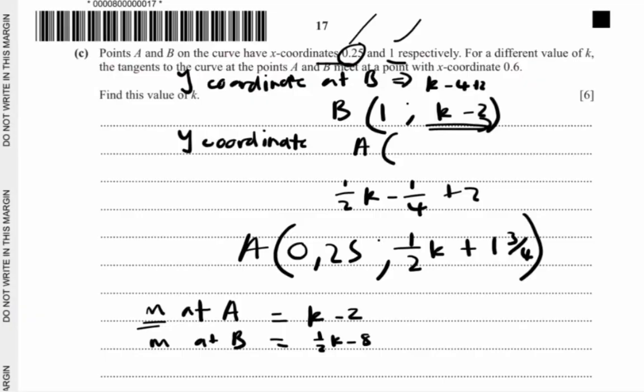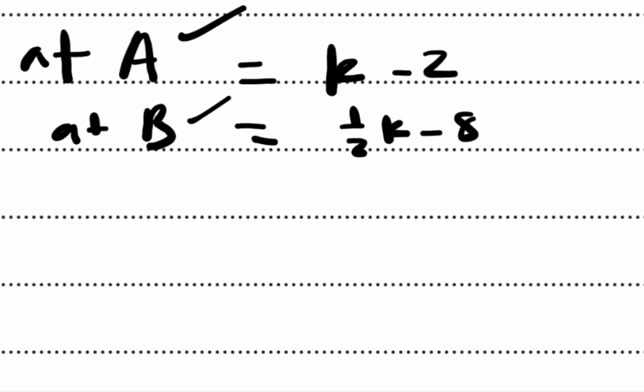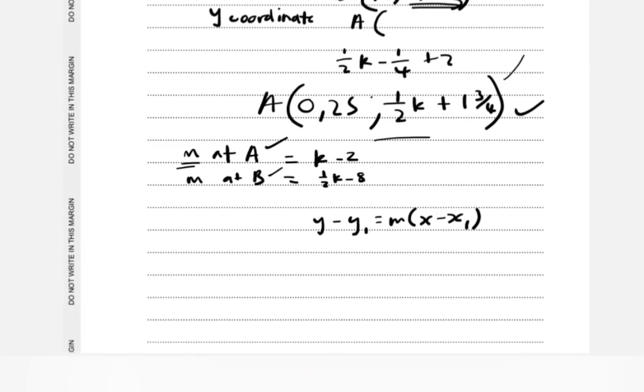And now from these two, we know that these are also the gradients of the respective tangents, one touching the curve at A and the other touching the curve at B. So we can go ahead and get the equations of the tangents using these coordinates and their respective gradients, right? And to do that, we can use y minus y1 is equal to m times x minus x1, right?